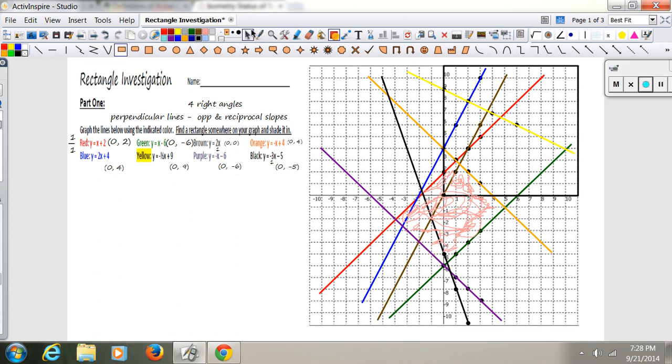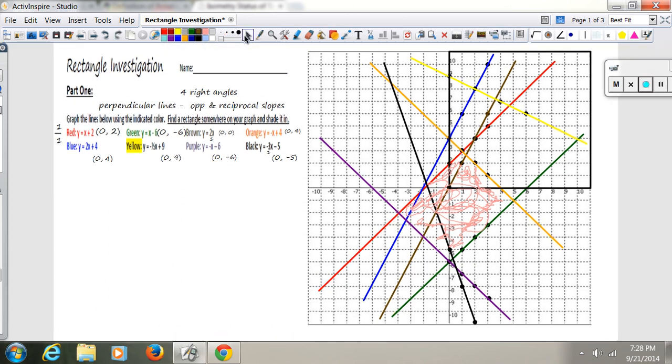At first we need parallel lines, and I see some parallel lines here, red and green, but this one is down here in the fourth quadrant, and that won't work. But I see blue and brown. I think yellow makes a perpendicular. And so if I drew another line, what color should we use this time?